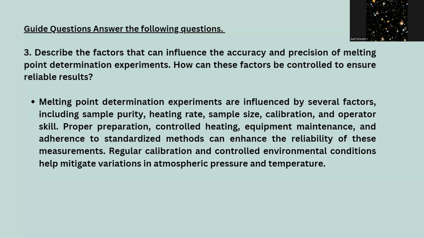So proper preparation, controlled heating, equipment maintenance, and adherence to standardized methods can enhance the reliability of these measurements. So the regular calibration and controlled environmental conditions help mitigate variations in atmospheric pressure and temperature.